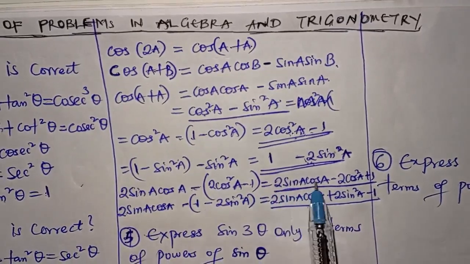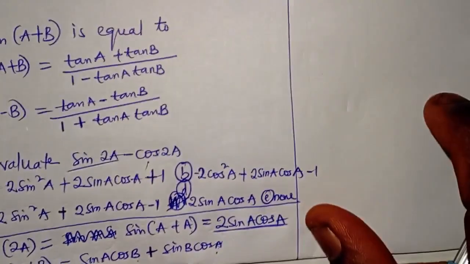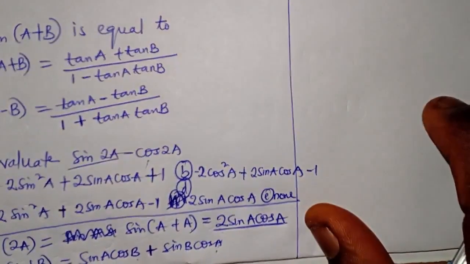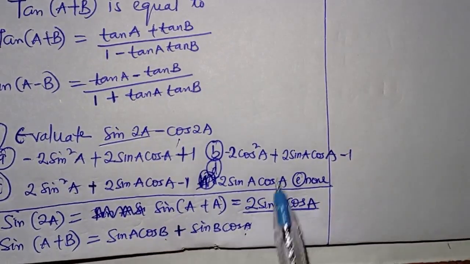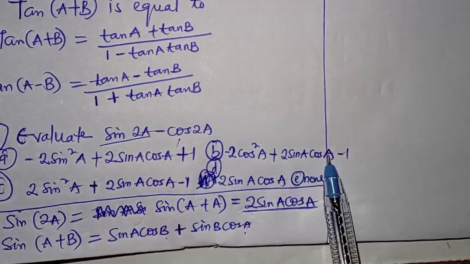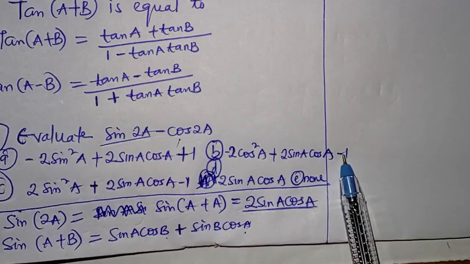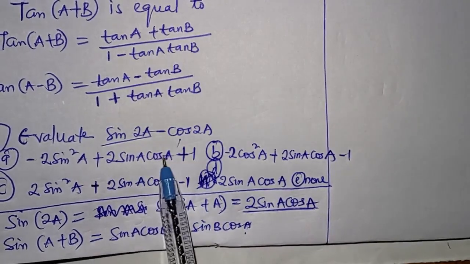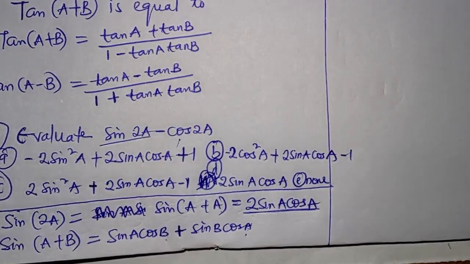Okay, 2 sine A cos A minus 2 cos squared A plus 1. Let's locate that here. 2 sine A cos A minus 2 cos squared A minus 1. Wrong. 2 sine A cos A minus 2 sine squared A. Wrong. Okay, let's see the second one.